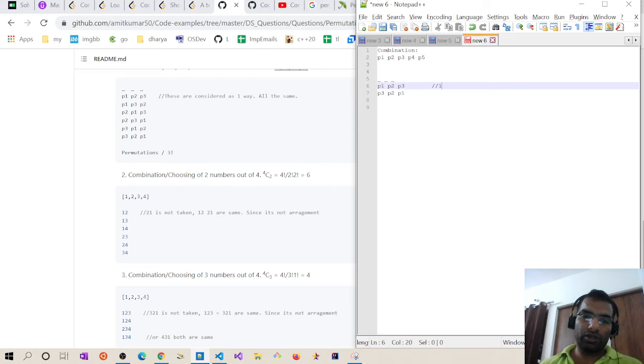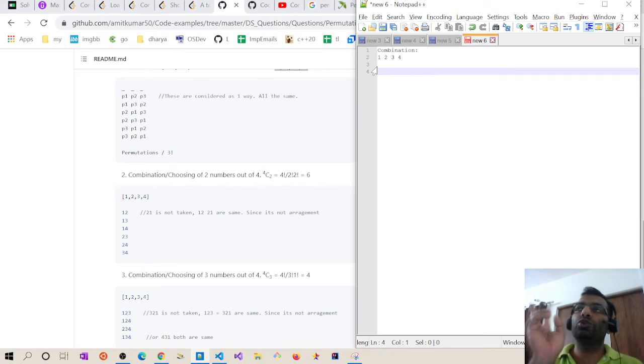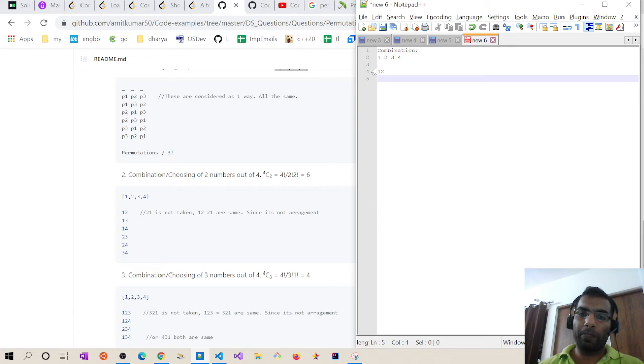Now the second example is choosing two numbers out of four. So we have four numbers: one, two, three, and four. In how many ways can we choose only two numbers out of it? One way is 1, 2. Another way is 2, 1, but we'll not consider it because both are the same.